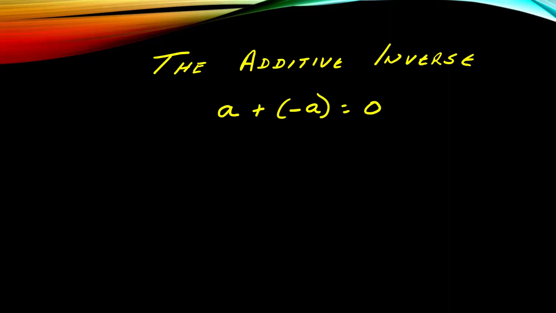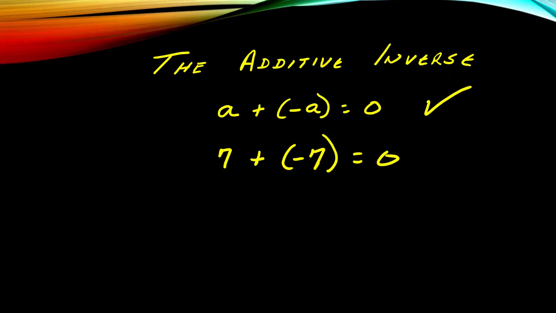The great thing about the additive inverse is that whenever we apply that property to an equation, we get a 0. So a plus the opposite of a equals 0. I can put in any number I want, so let's say 7 plus a negative 7 equals 0.